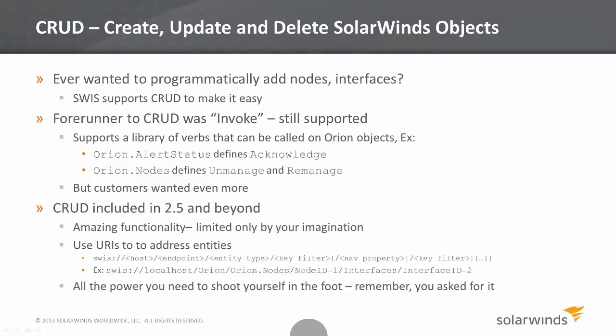So for example, you'd have Orion nodes, the node ID, then the interfaces on that ID, and then an interface filter for interface 2 would be interface 2 on node 1. Then when you call an action, that action is going to be applied to that one specific object. So you get all the power you need to shoot yourself in the foot, but remember, you asked for it.